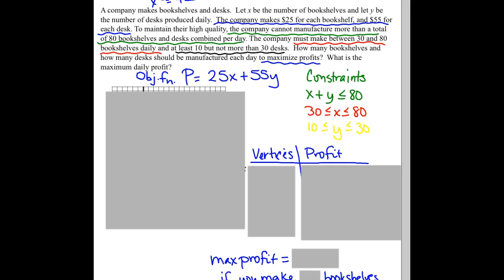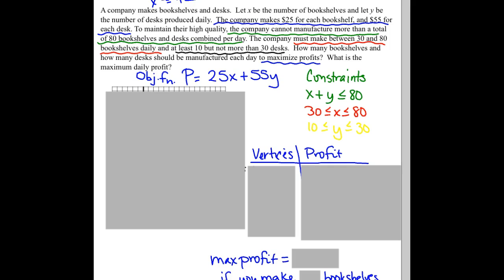All right. The second one, the red one, says X has to be between 30 and 80. Well, what would X equaling 30 look like on my graph? Pick one, vertical or horizontal. Vertical. X has to be 30.